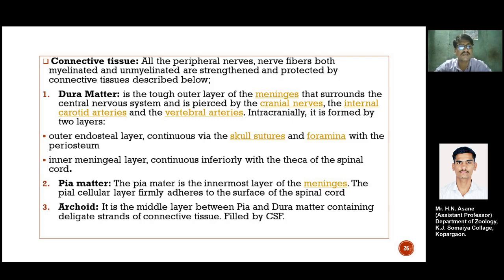So the third one is the arachnoid. It is the middle layer between the pia and the dura mater, containing delicate strands of connective tissue which are filled by the cerebrospinal fluid, which is the shock absorber for the brain cells.